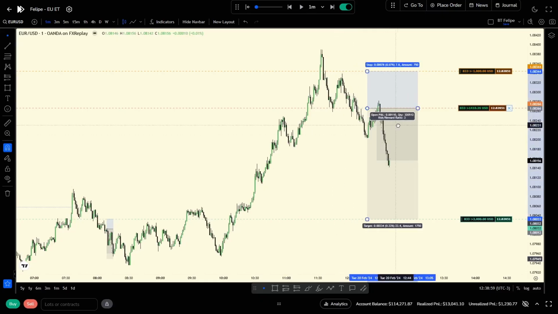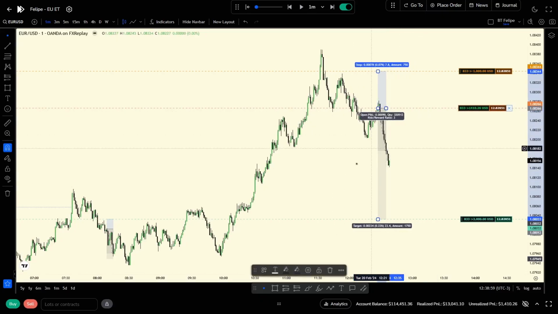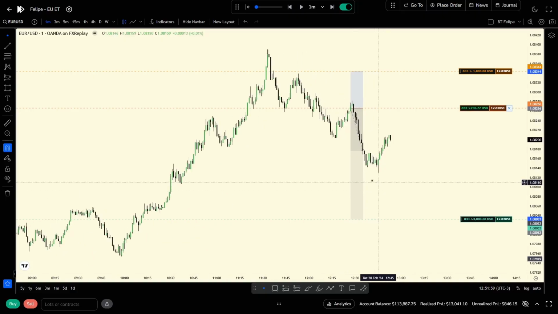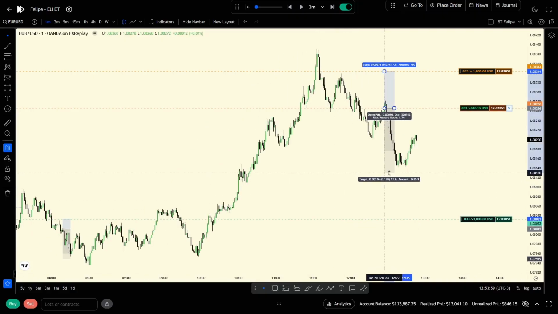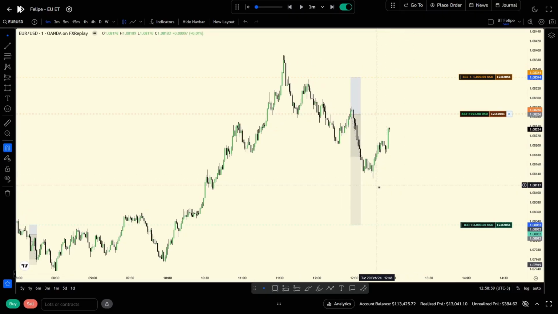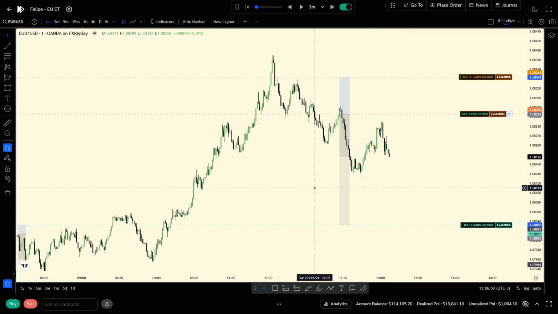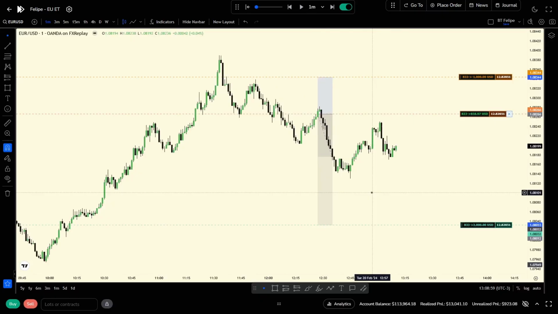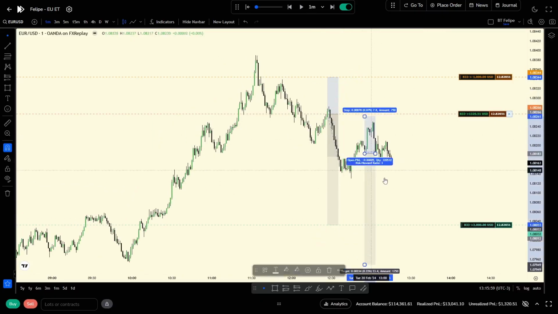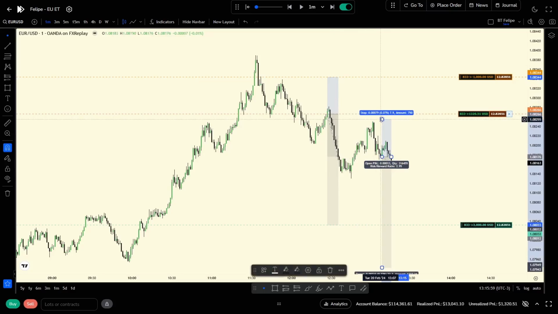But I have to use stop break even. Break even a little bit lower if price comes lower. Okay, made another one.